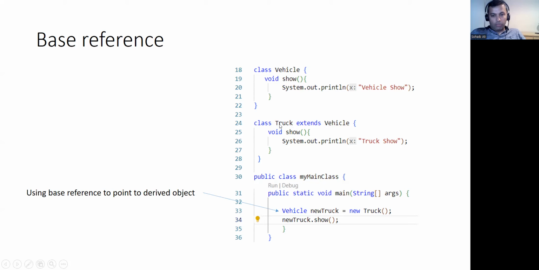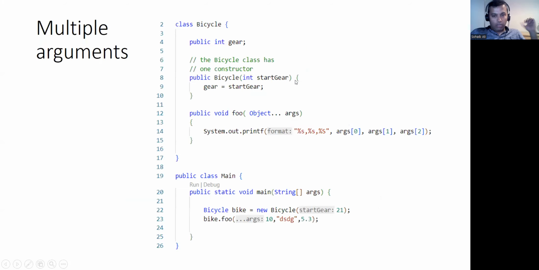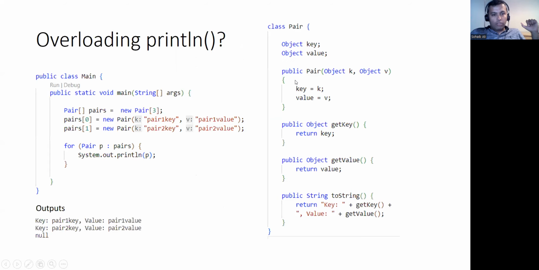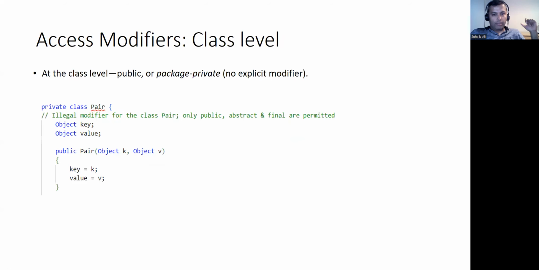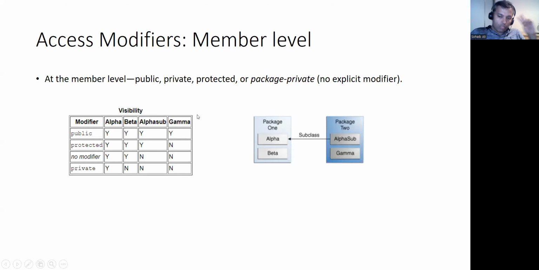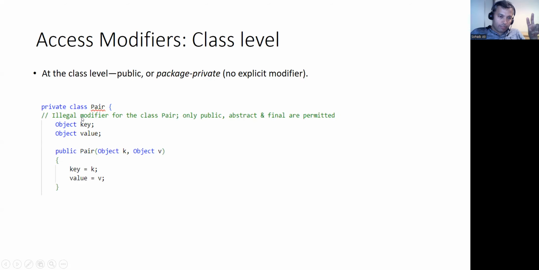For example, it will throw me an error saying that you cannot create a child class truck which inherits from the vehicle class, because I've said final class vehicle in this line. So the final keyword allows you to explicitly say that I'm not going to inherit this class down the hierarchy. So this was access specifiers at class level.